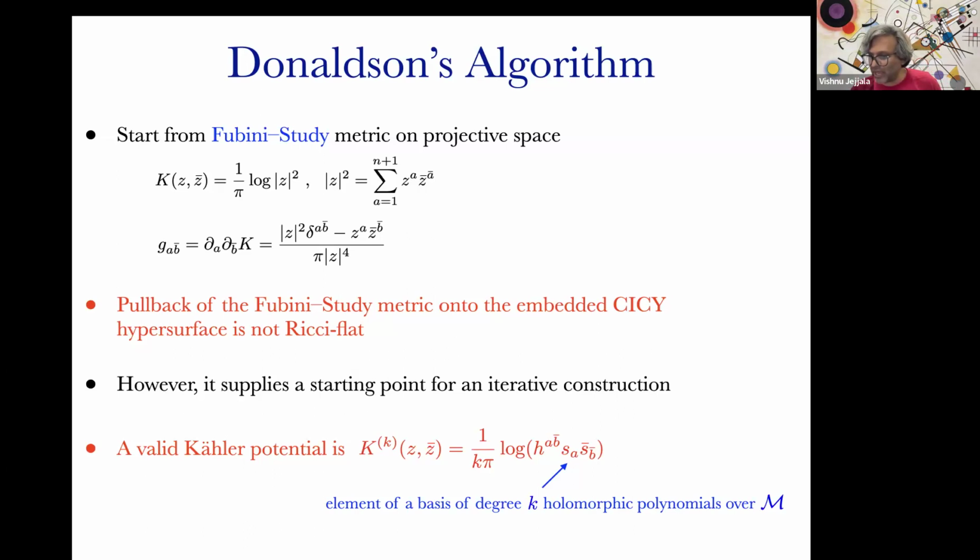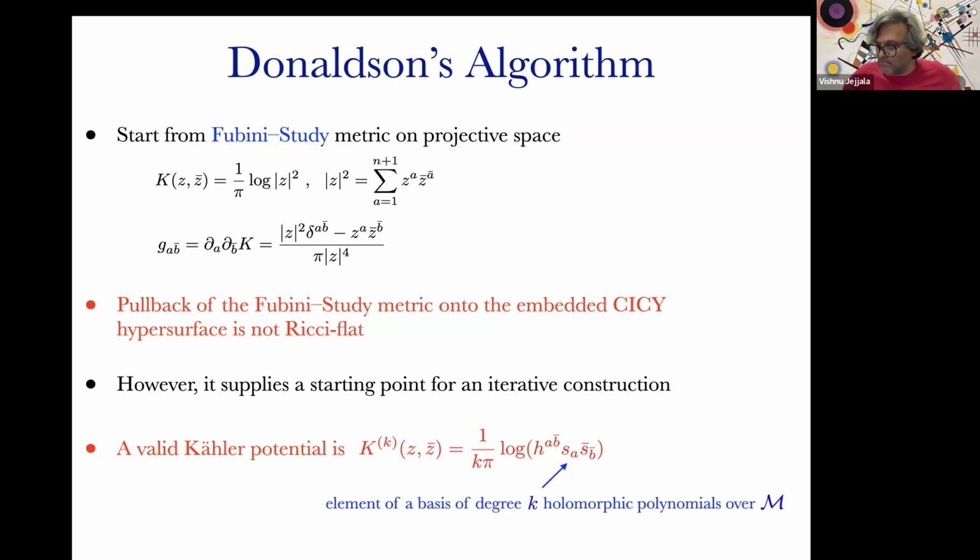Then we'll work with a basis of degree k holomorphic polynomials on the manifold, and we'll use this to construct a Kähler potential. Using sections of line bundles, the number of basis elements for the quintic, for example, will scale like k to the 4th, where k is the level in Donaldson's iterative algorithm.